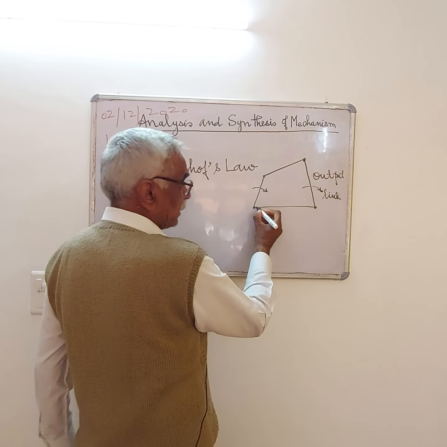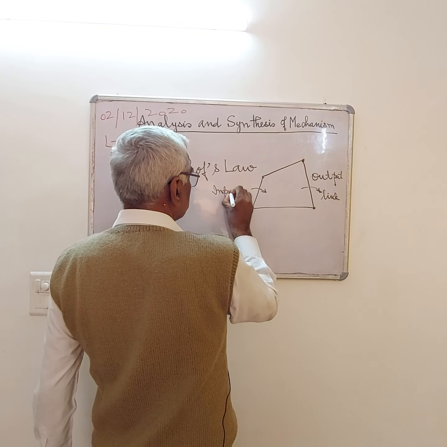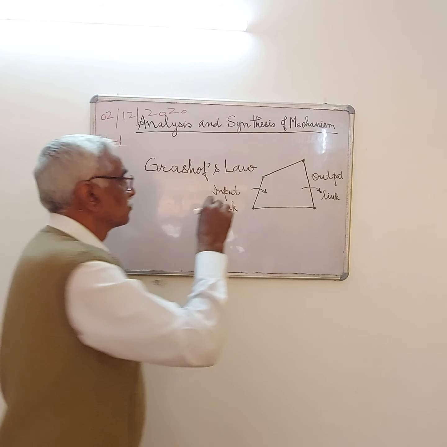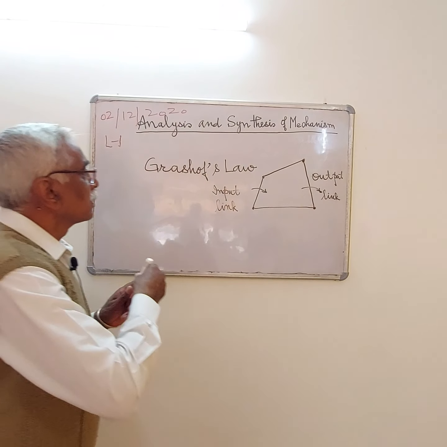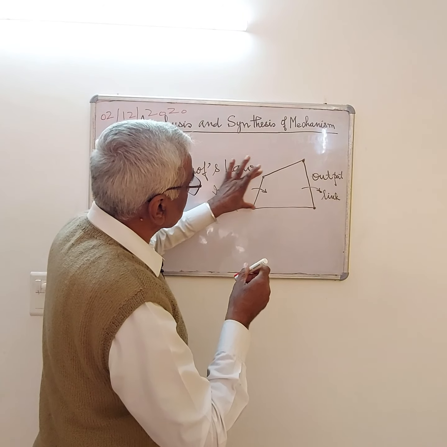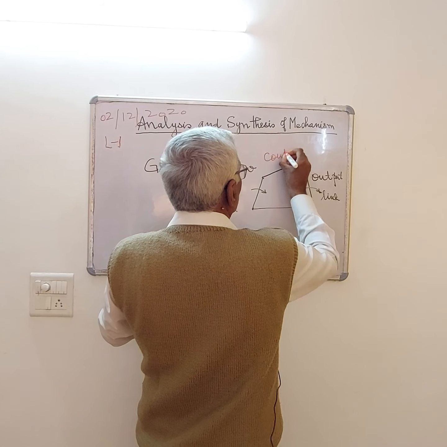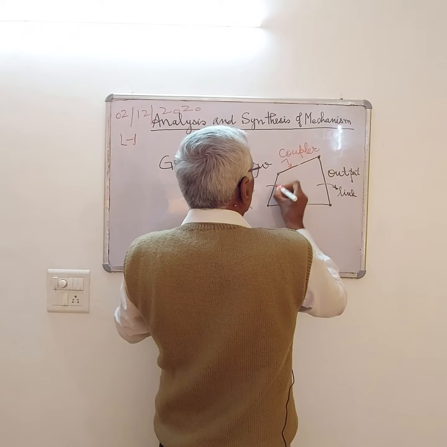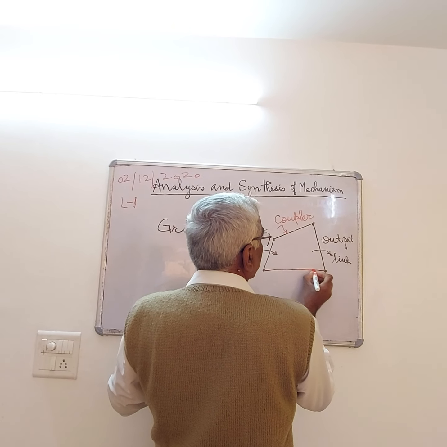This is known as frame. And the link which connects the input link and the output link is known as coupler. This is coupler, this is input link, this is output link, and this is known as frame.